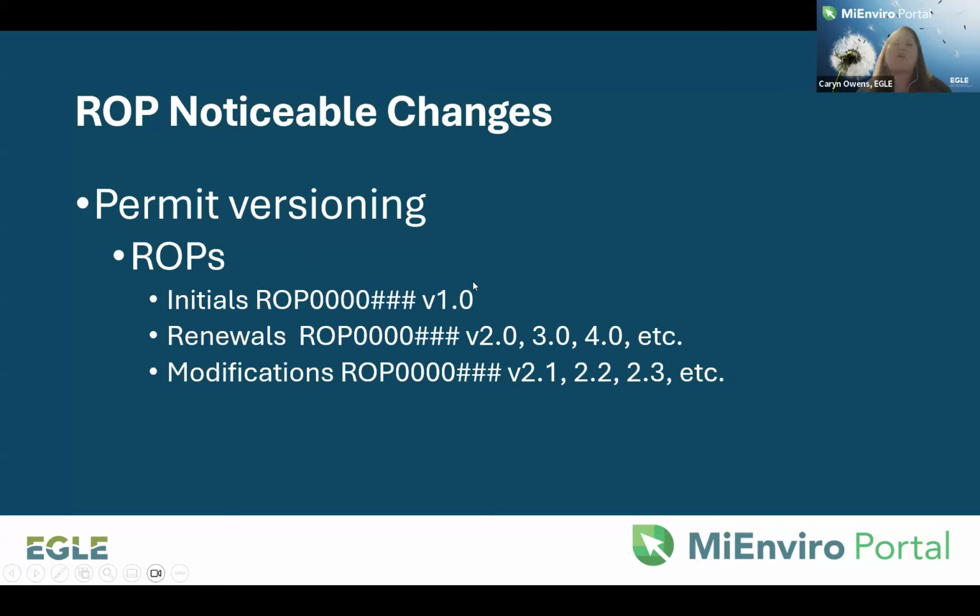The initial ROPs will always have a version 1.0. Once it goes to renewal, each renewal is going to get a version 2.0, a version 3.0, etc. If there's a modification or reopening, that will get a 0.1 or 0.2, 0.3, depending on what version of the modification or what version it's been reopened between the renewals. So just so you have a heads up on that.